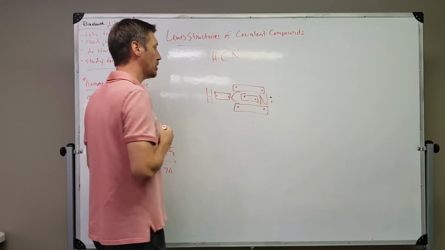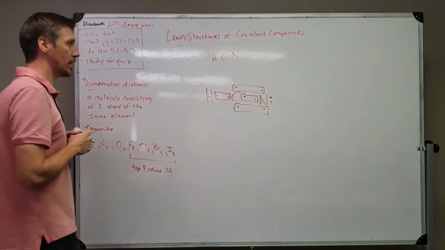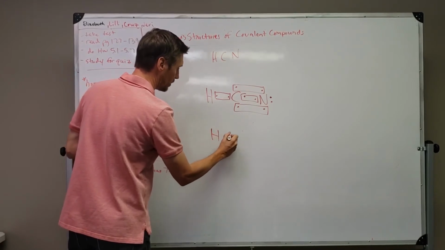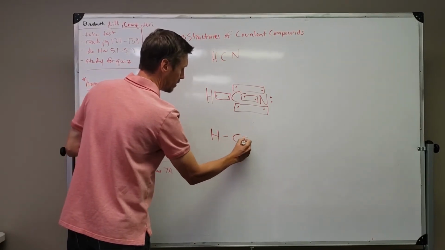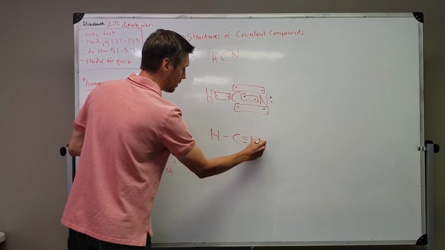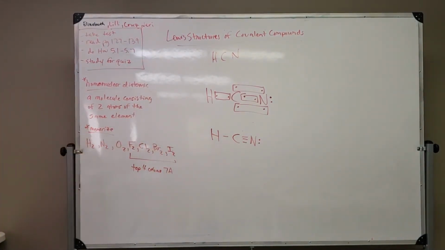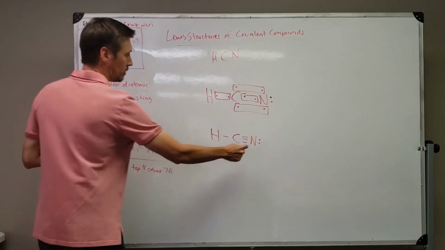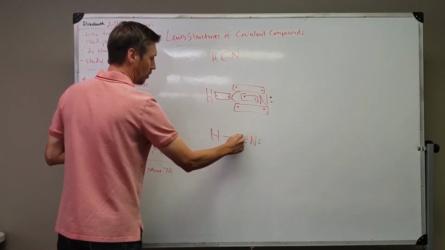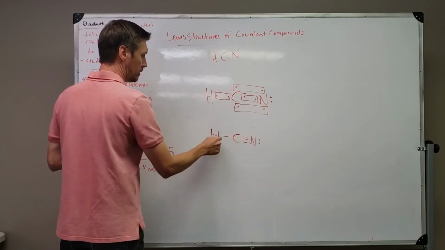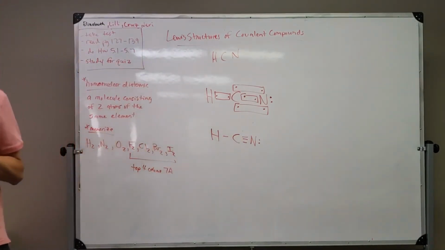So 3 shared pairs of electrons between the carbon and the nitrogen, only 1 shared pair between the hydrogen and the carbon, so it's going to look like this, with a couple of unshared pairs hanging out there off of the nitrogen. We count them up. 2 here, 4, 6, 8 on the nitrogen, 2, 4, 6, 8 for the carbon, and 2 for the hydrogen. So everybody's ideal.